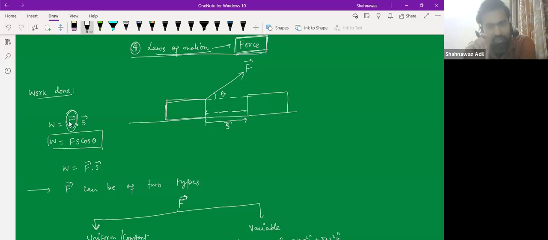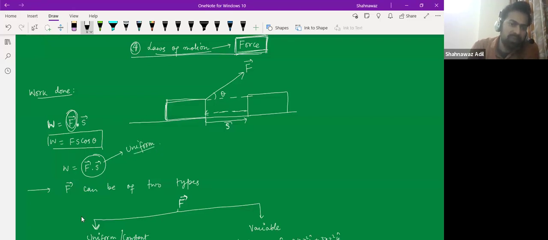If you apply some force and then you displace the object, then you do some work, right? And that is defined by this scalar or dot product. This is applicable for uniform force.